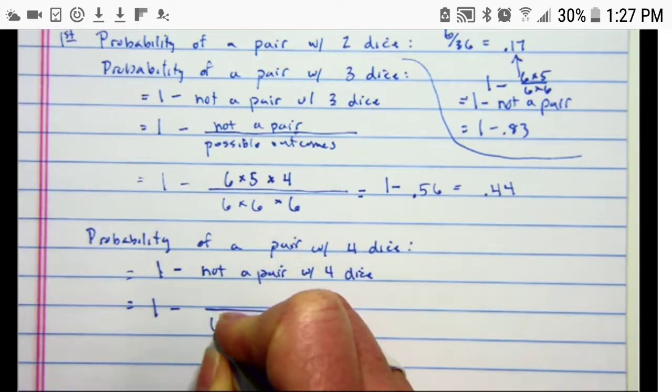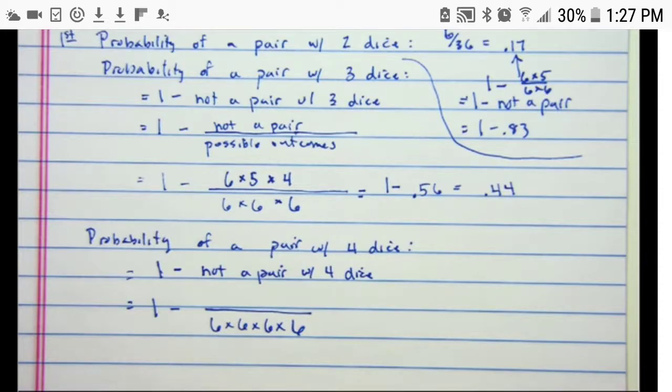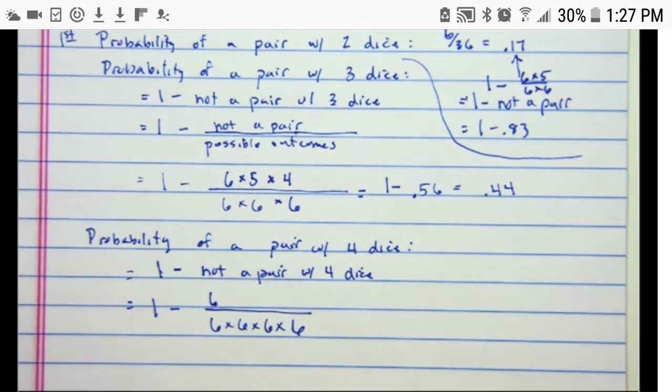So you want to list all the possible outcomes, and then there's 4 dice now. So if you wrote 6 times 6 times 6 times 6, that was correct. And then what did you put in the numerator for not getting a pair? Hopefully you put 6 times 5 times 4 times 3.